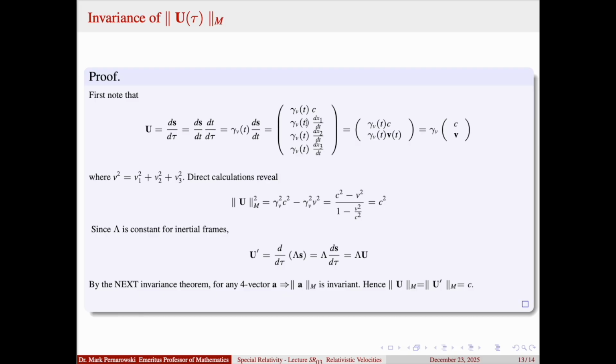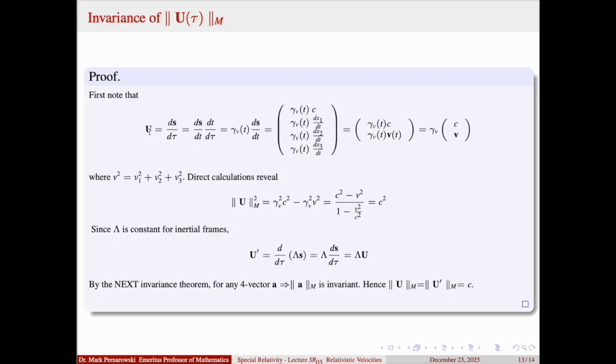I take the time derivatives, and what I get is gamma times c, gamma times the v1 component, gamma times v2, gamma times v3. So I get a way of parsing out this 4 vector. The first part, which is the temporal part, has the c in there. All the spatial elements have the normal 3 velocity sitting in there.